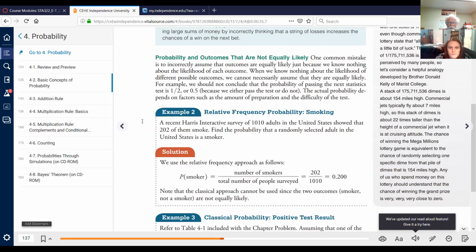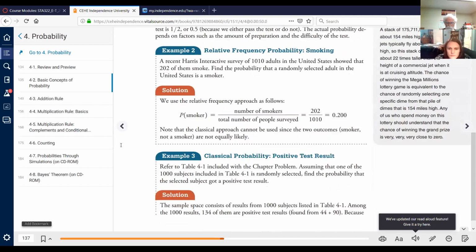If we cannot have a basis for deciding the probability of any event, then we cannot apply a lot of probability rules to it. So we won't be going much into that. But let's just take a few other examples.